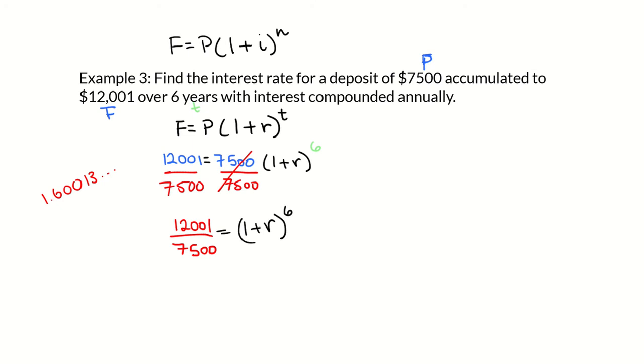So now to solve for R, we want to multiply by 1 over 6 in the exponent, or take the 6th root of both sides.